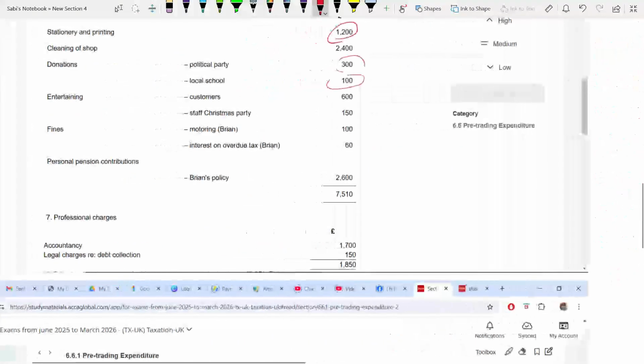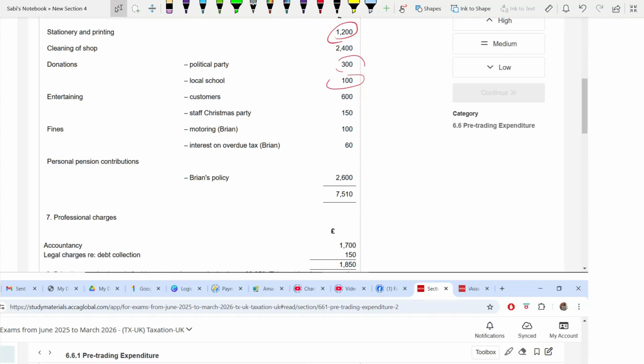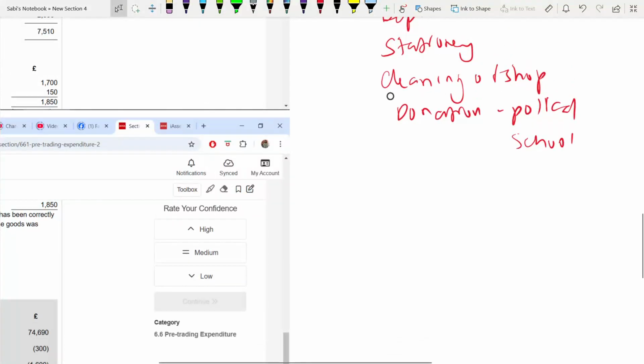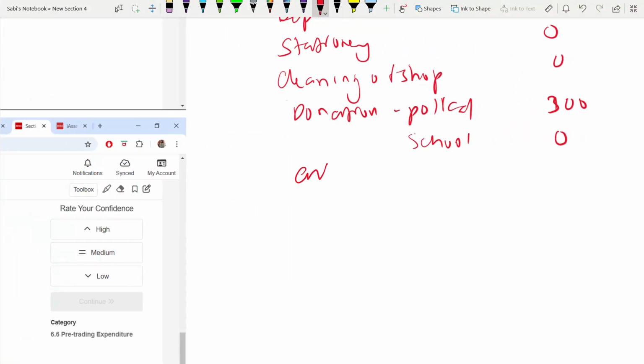Then entertaining. Entertaining customer is disallowed, but staff Christmas party is allowed, 150. Entertaining customer disallowed, so add back 600, and staff is allowed, so 0.